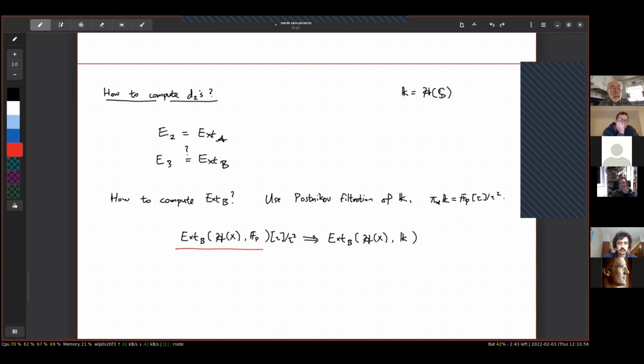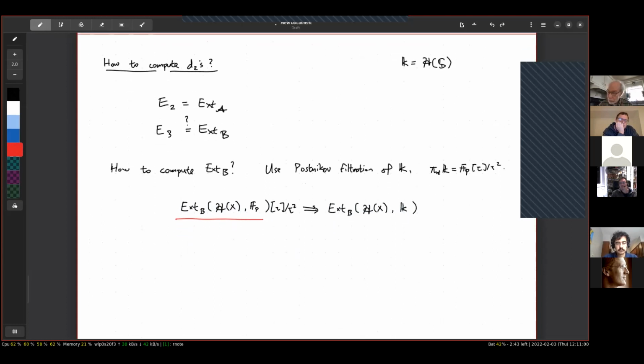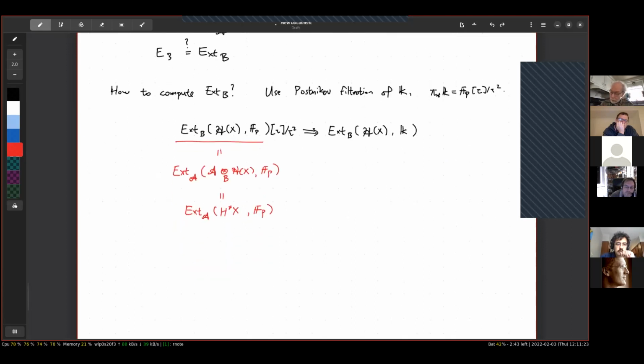So F_p, this is a secondary Steenrod module, but it's induced by a normal Steenrod module. So by base change, this is equal to Ext over A tensor over B, secondary cohomology of X, F_p. And then this tensoring just gives you Ext over A of the cohomology of X mapping into F_p.